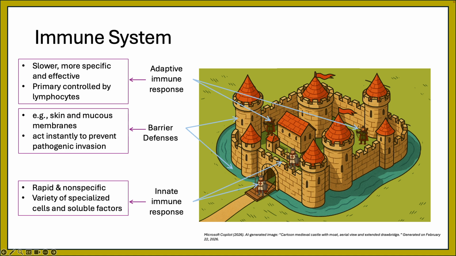They can identify and recognize enemies that they've seen in the past. These archers may have been trained specifically against one particular enemy, just like your lymphocytes target a specific enemy coming into the gates. That makes up the adaptive immune response.